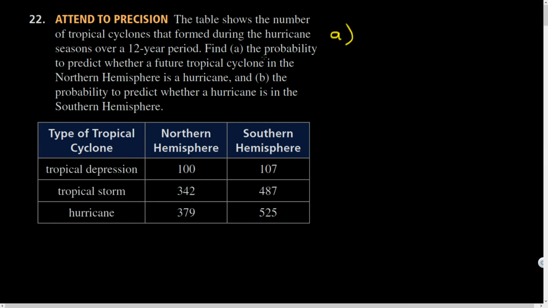Okay, and so let's see. Part A, probability about whether a future tropical cyclone in the northern hemisphere is a hurricane.